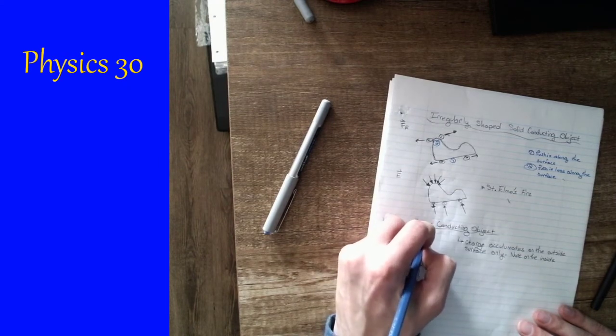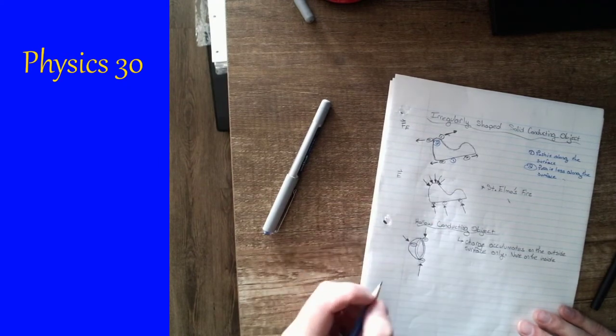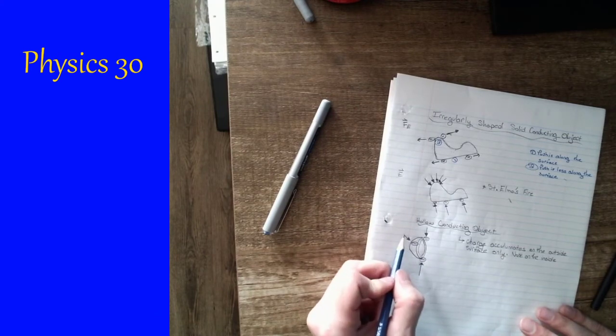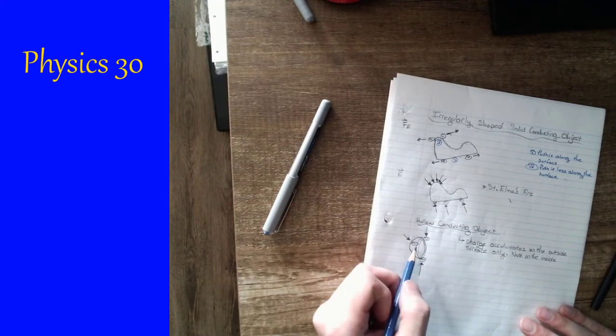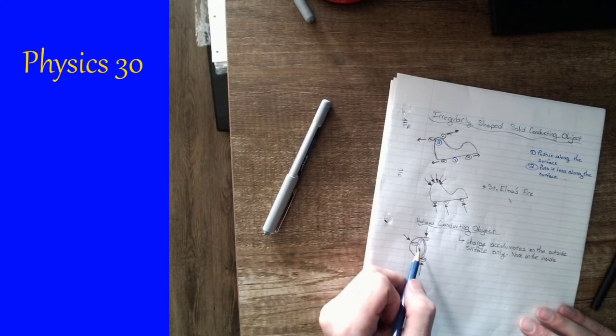The charges will push on each other and evenly distribute. All electric field lines will point perpendicular to that spherical surface. And the key idea being that inside the conductor, the electric field is zero.